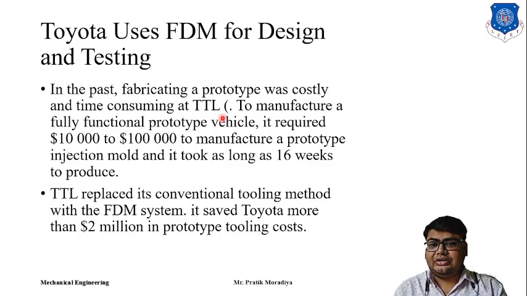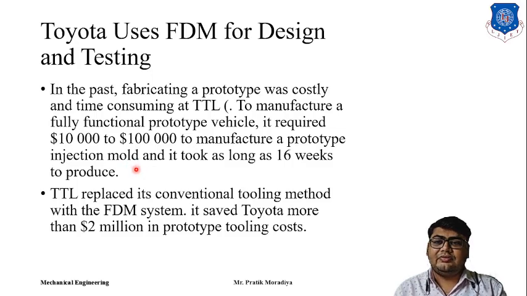The design center was developing a new model, and to manufacture a fully functional prototype they needed around 10,000 to 1 lakh dollars for a prototype of an injection mold.